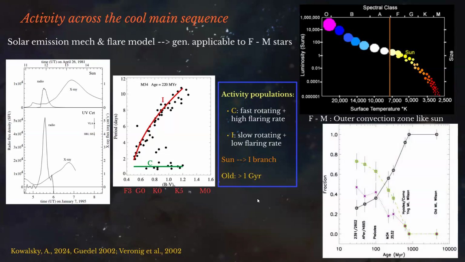To give you a picture of this, here we have the age of the star on one axis, which we can infer in many of these stellar clusters, and here is the fraction of stars in these different populations or branches. We'll focus on this one, the fraction of stars in the I branch, the slow rotating branch.